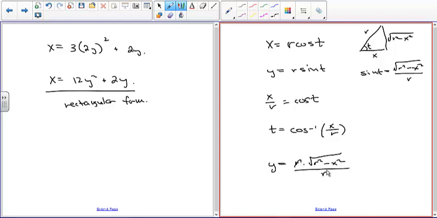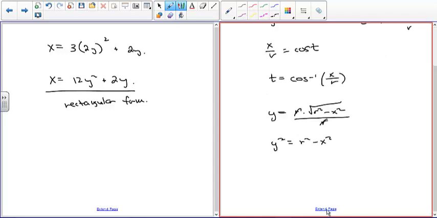The r's cancel out. Then you square both sides. You get y squared is equal to r squared minus x squared. And you bring the two variables to the same side, and you get x squared plus y squared equals r squared. And so that's your rectangular form.